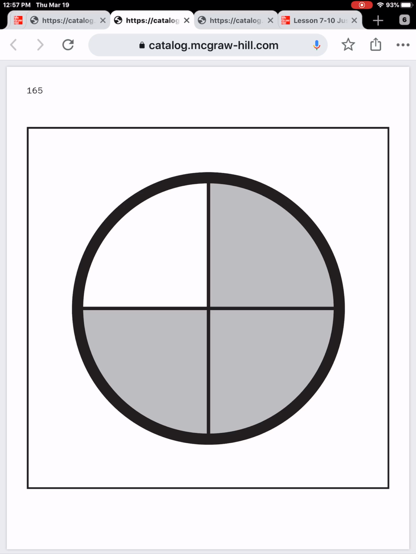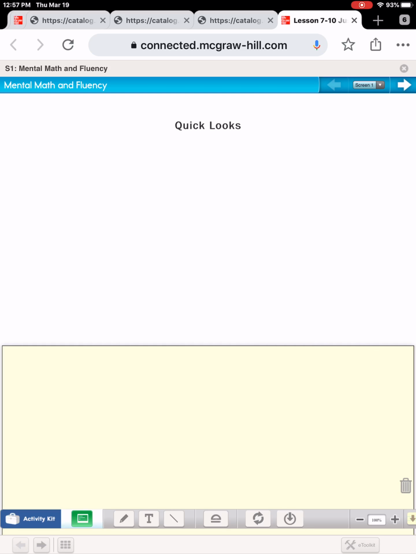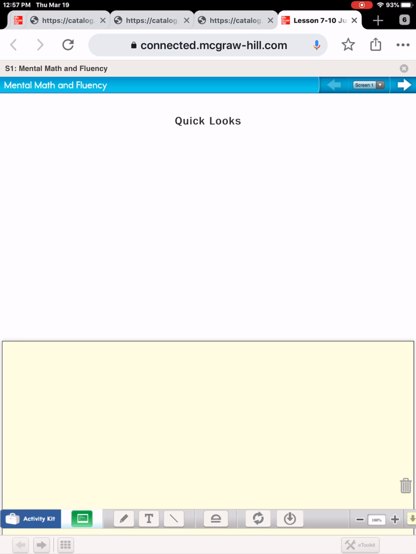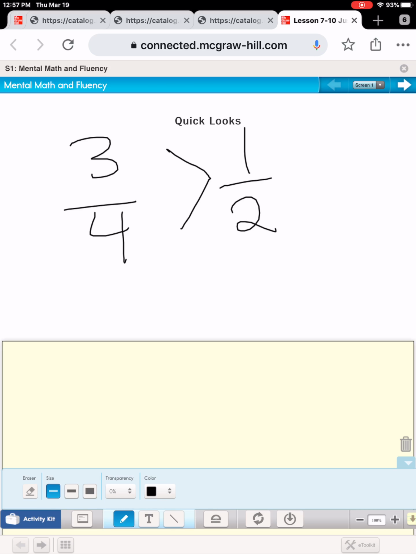Is this shaded portion less than or greater than 1/2? That shaded portion was 3/4, and 3/4 is greater than 1/2.